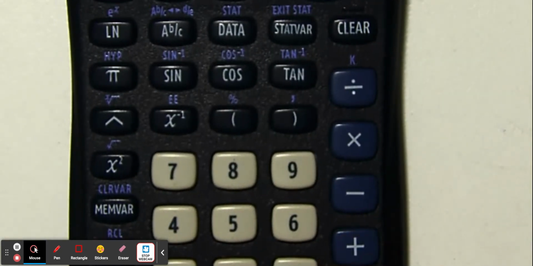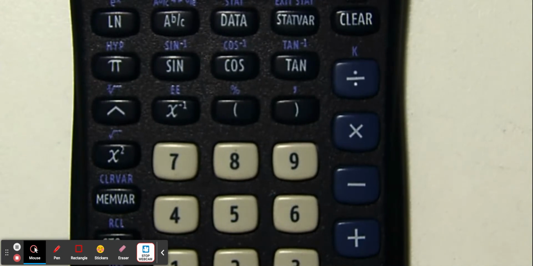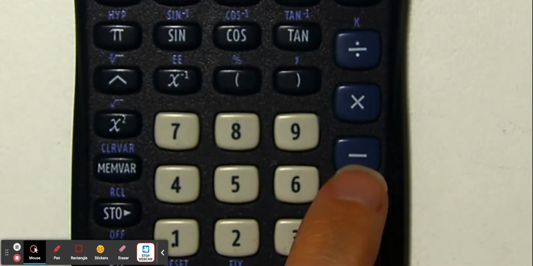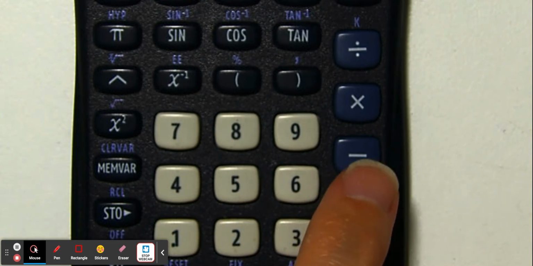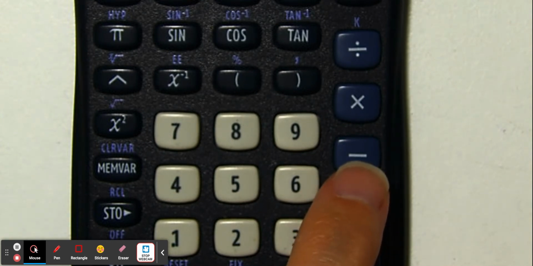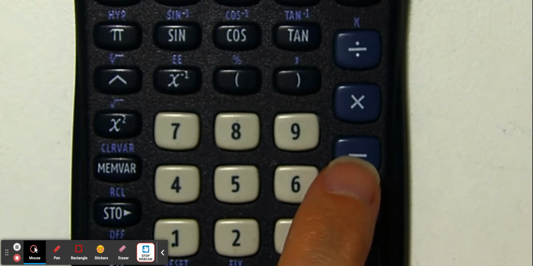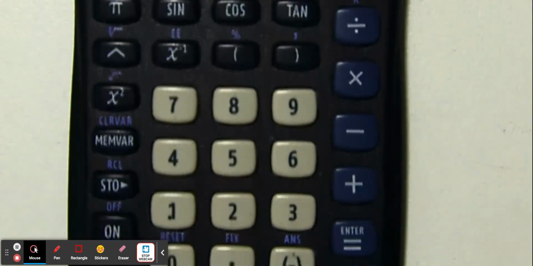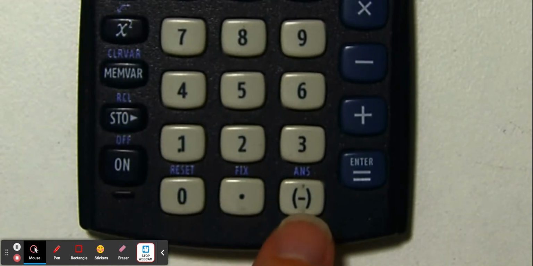So I need to use the button for negatives. This button right here is not for negatives. That's your minus sign. If you use that, that's going to tell the calculator to subtract something, and it's going to confuse the calculator. So your negative button is here in parentheses. That's your negative button.